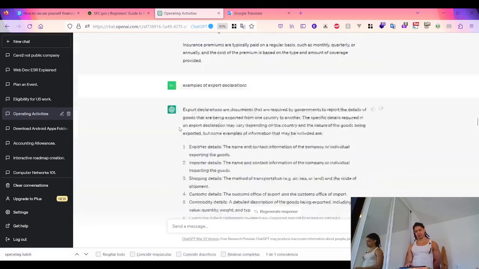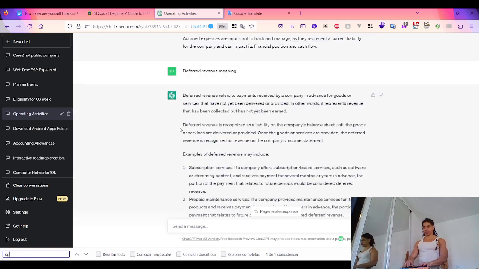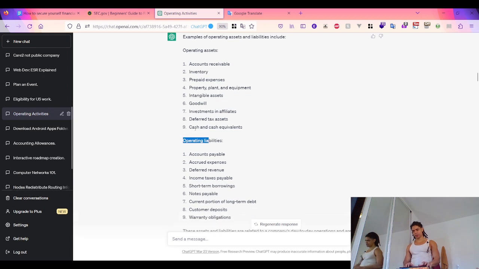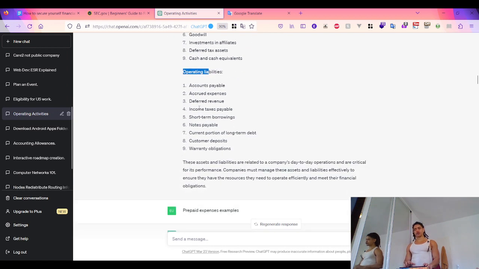According to ChatGPT, of course. Then we look at the operating liabilities. I already saw accounts payable: any obligations that you have, as a company, that you have to pay for.